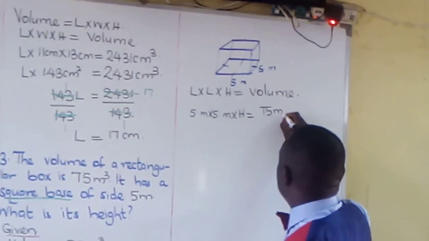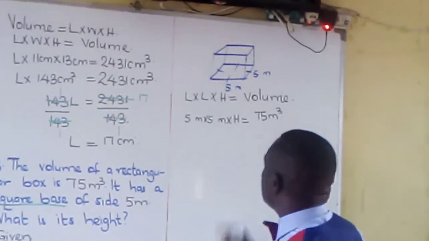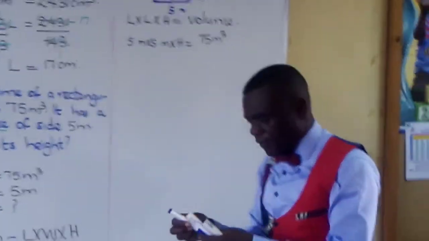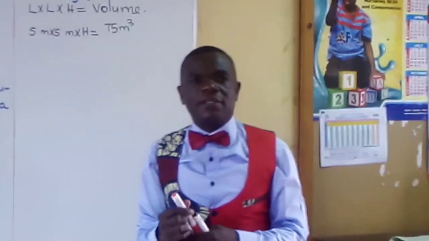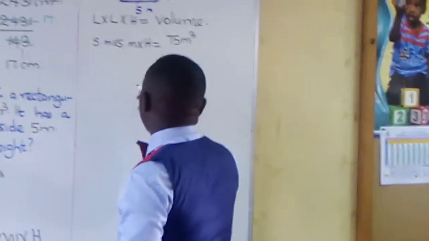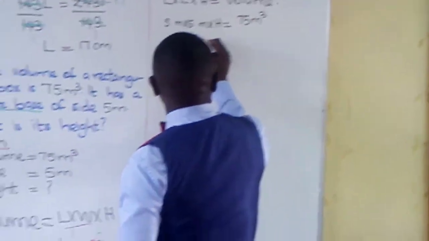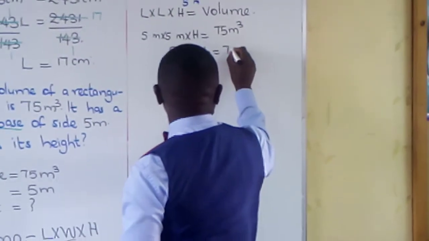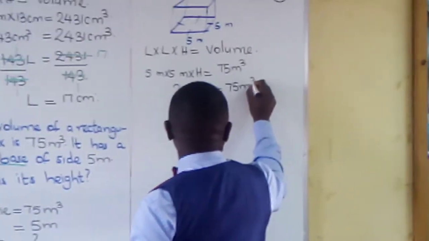It's cubic meters. So 5 multiplied by 5. What is 5 multiplied by 5? Ibrahim. Correct. Clap for Ibrahim. 5 multiplied by 5 is 25. So this 25 multiplied by h is equal to 75 cubic meters.